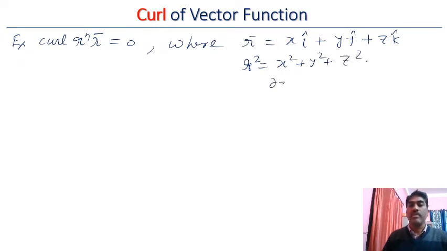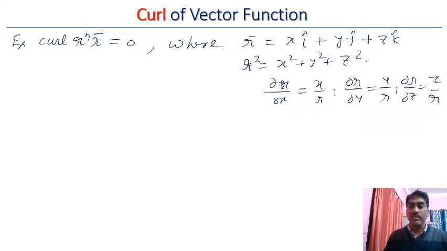And remember that del r by del x is equal to x by r, and del r by del y is equal to y by r, and del r by del z is equal to z by r. We will need it in this example.